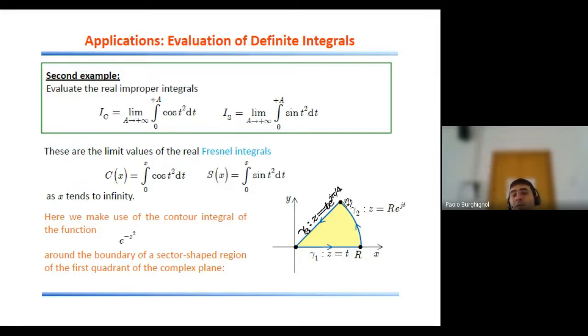And finally, we have the last straight line in which you have z equal to t times the complex number e to j pi over 4 that give you the right argument. Okay, now in this case, t goes from r, which is the starting point, to 0.